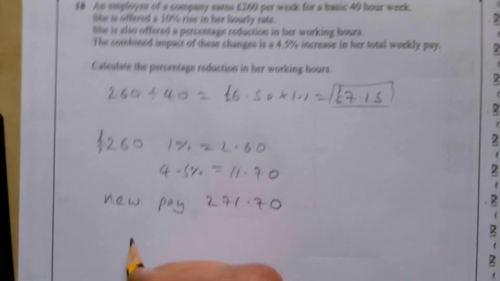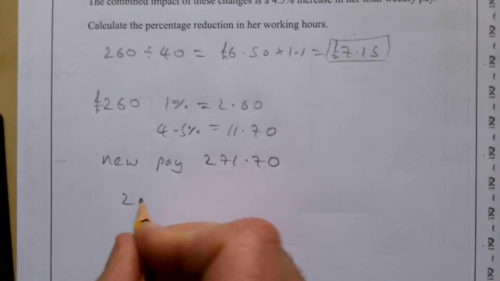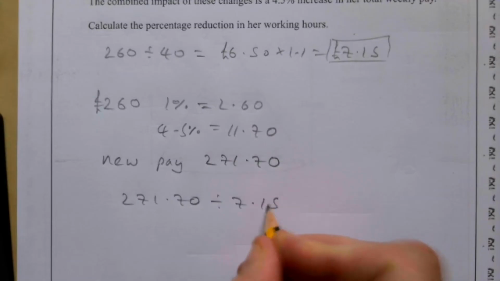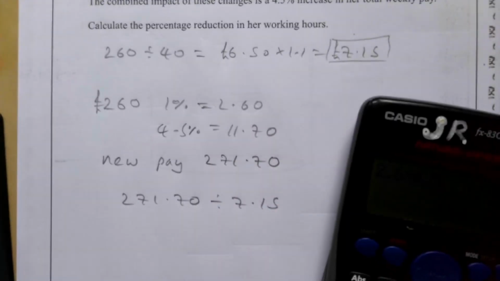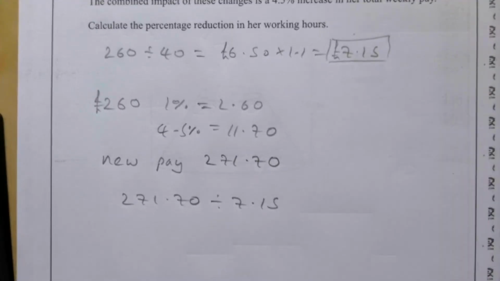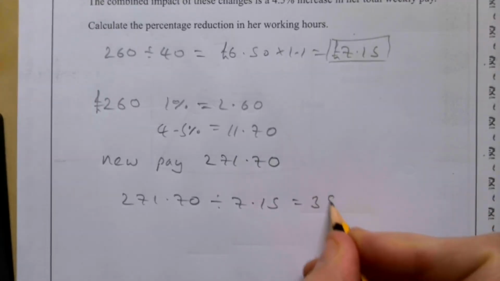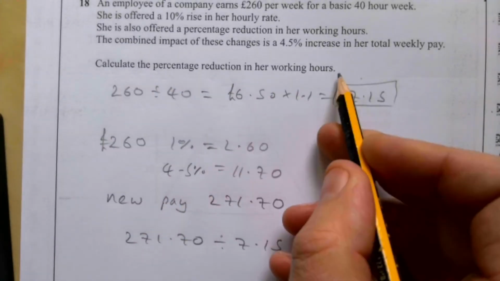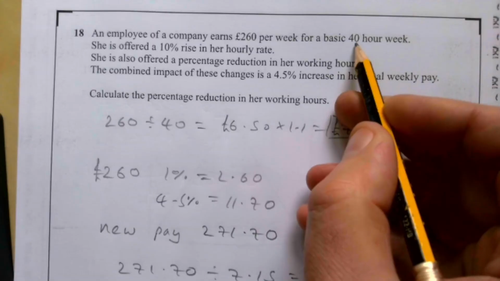So if we do 271.70 divided by 7.15, we get 38. So calculate the percentage reduction in her working hours. She was working 40 hours a week.